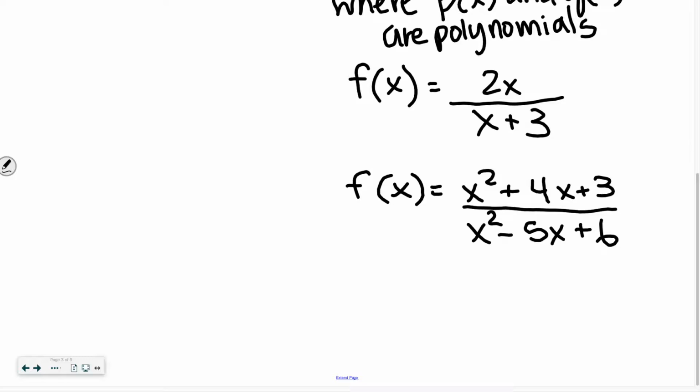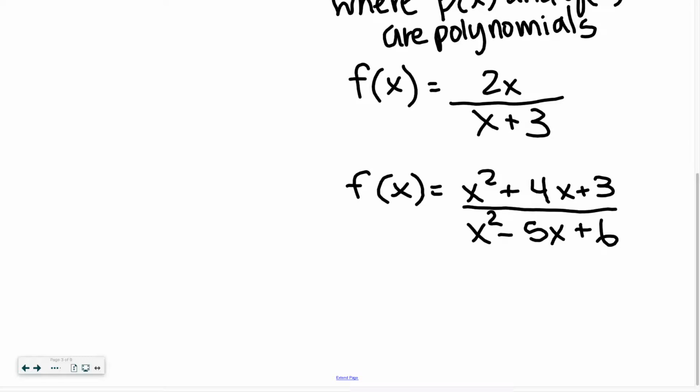Okay, so they can look more complicated. We're going to be sticking with simple ones because we're just doing introductory. But next year you'll be asked to do ones with bigger polynomials in the numerator and the denominator. Okay? So basically it's like a fraction where you would likely have x's in the numerator and the denominator, although we'll see a case where we don't have x's in the numerator.